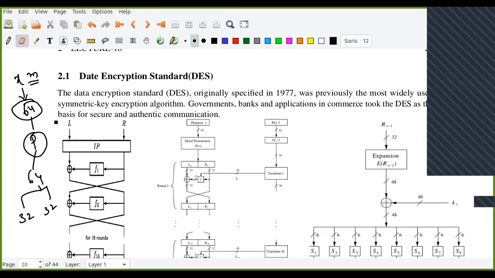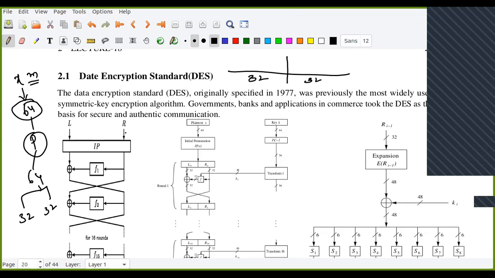Afterwards, I'll divide the 64 length exactly in half, put a line here. Here 32, here 32. This is called left and this is called right.